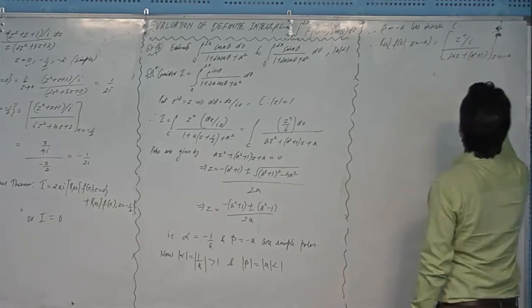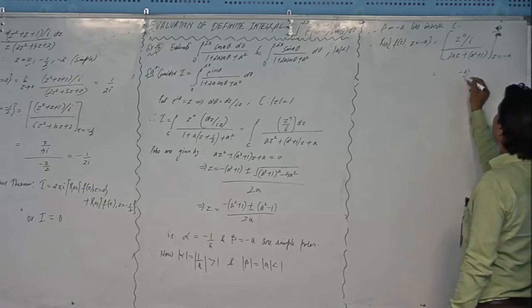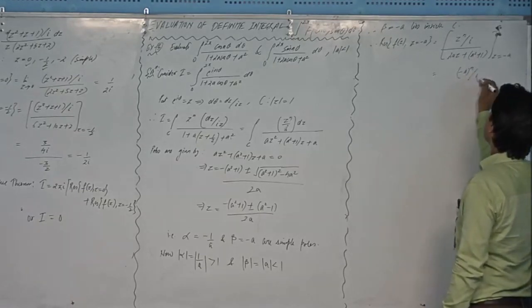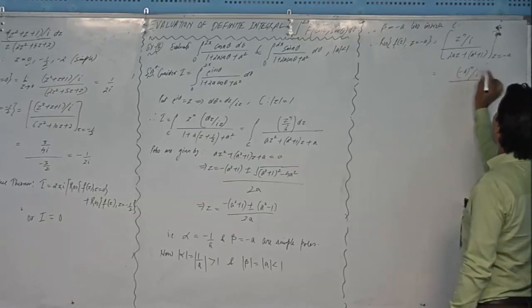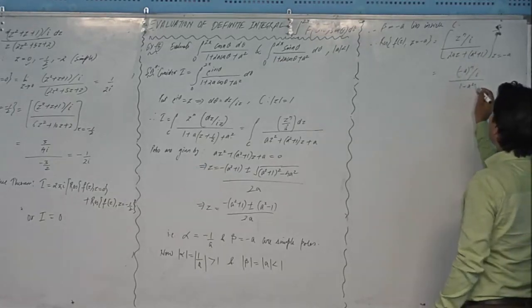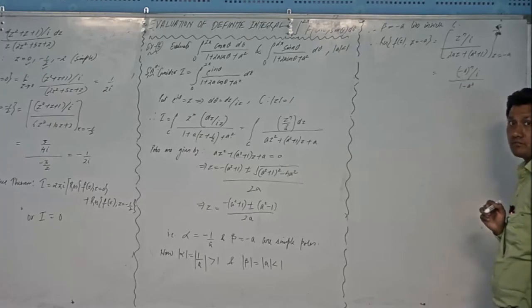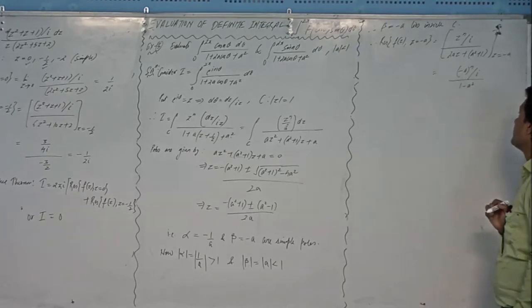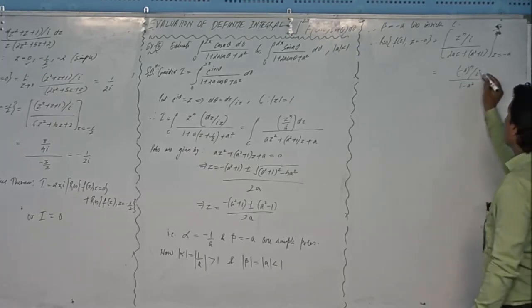On putting z equal to minus a, I will be getting minus a to the power n over iota, and this will become minus 2a square plus a square, so ultimately that will be 1 minus a square, right? And yes, so this is my residue.